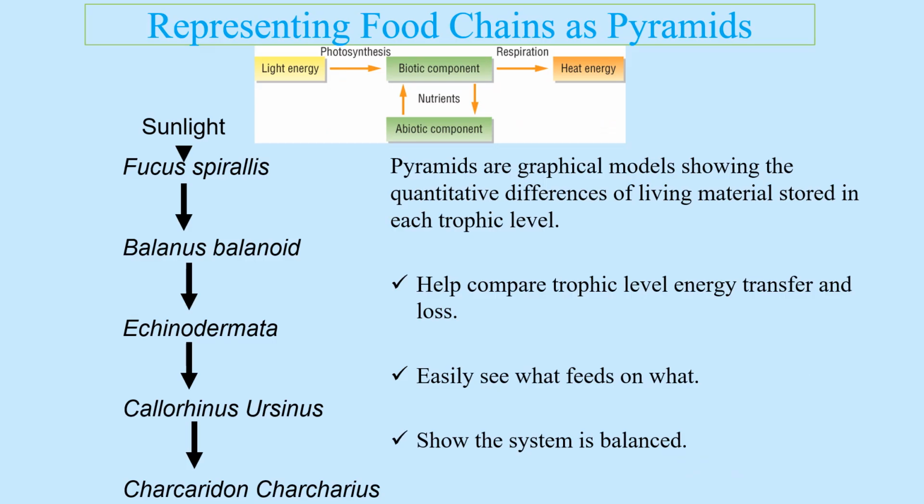What we often do is represent this using a model called a biomass pyramid or a number pyramid. These models show quantitative differences along the food chains at each stage. These are useful models because they help to compare trophic levels, they help us see what feeds on what, and they also show that the system is balanced.